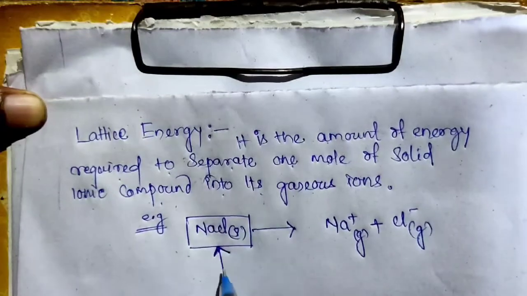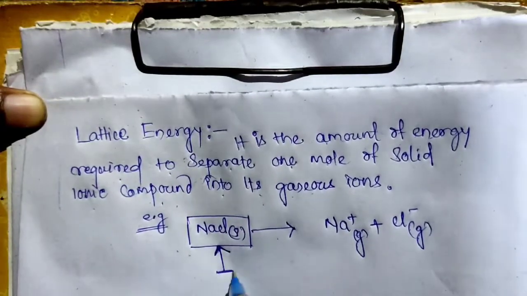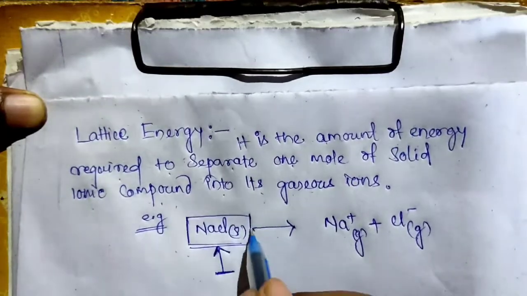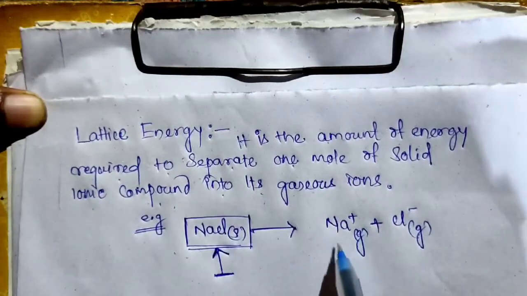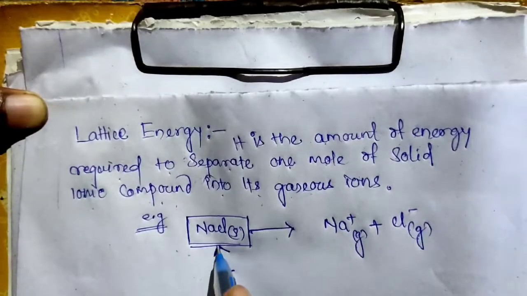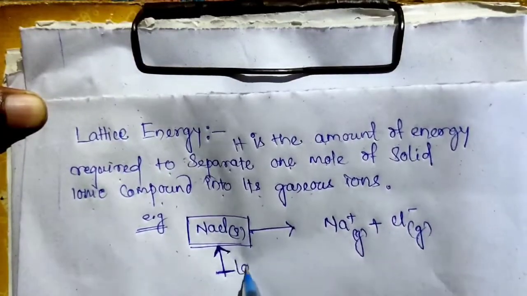This supplied energy which NaCl required to form gaseous Na plus and Cl minus ions, this supplied energy is called lattice energy.